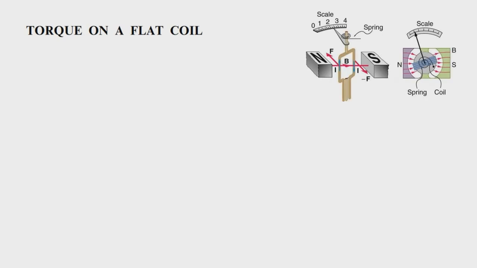Torque on a flat coil. Remember that torque was first introduced in the topic in mechanics. Torque is actually a product of the moment arm times the perpendicular force, and torque is also applicable to a flat coil, and an application of this is meter scales.